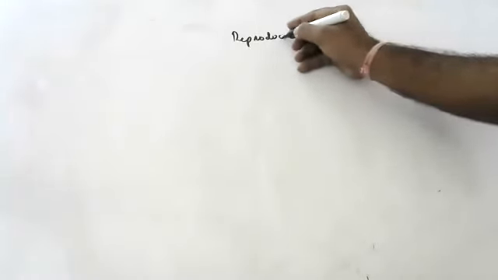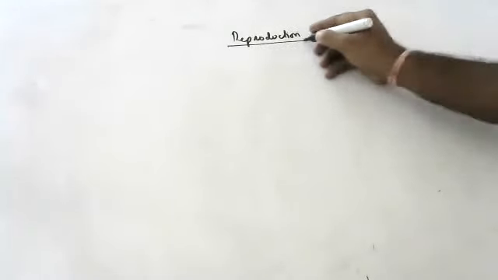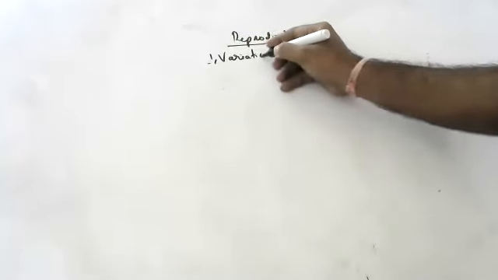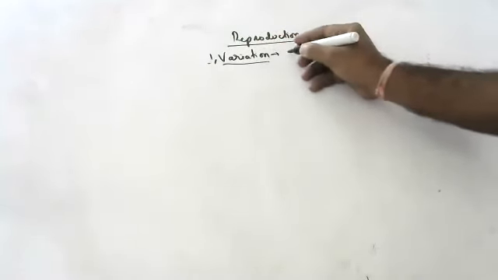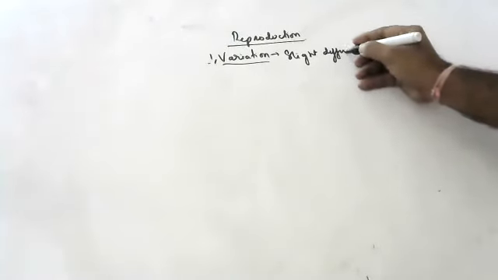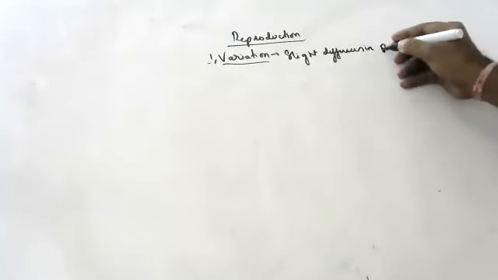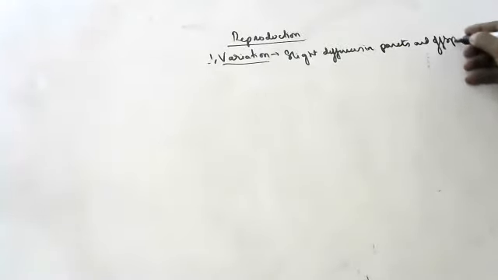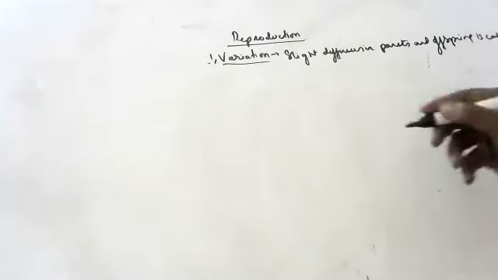In reproduction, we have an important topic, the importance of variation. First let me tell what is variation. Variation is defined as slight differences in parents and offspring. Slight differences in parents and offspring are called variations.